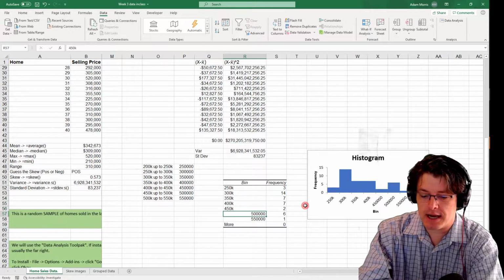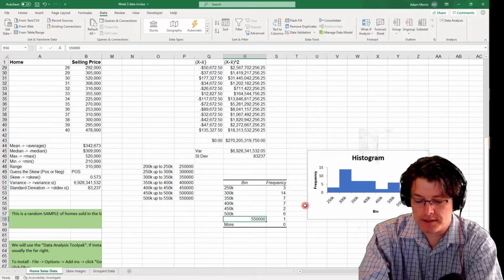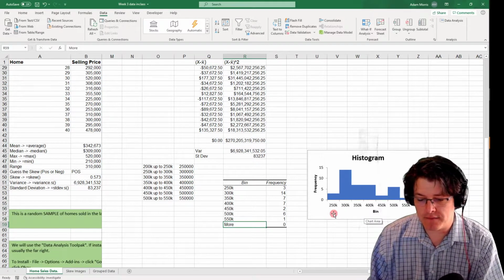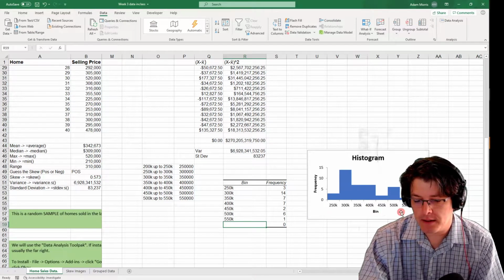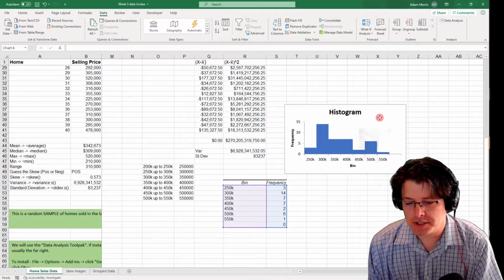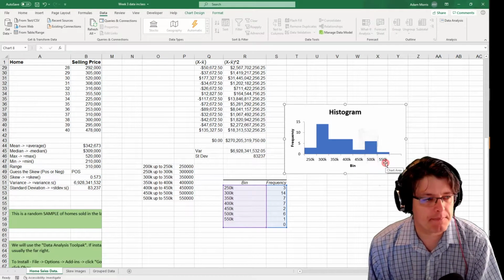Okay, and again, this is often where data analysis starts, summarizing the data in front of us and trying to grab a feel of what's in the data. So, just another example of getting a histogram up and going.